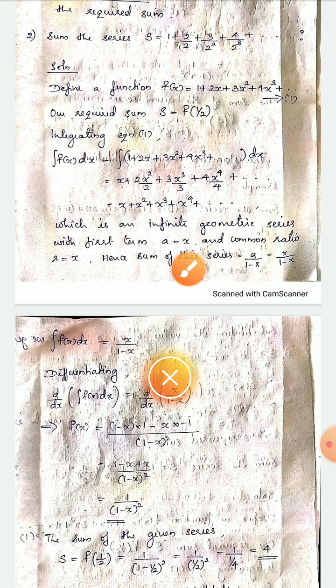The sum of an infinite geometric series with first term a and common ratio r is a by 1 minus r. So the sum of the series is x by 1 minus x.